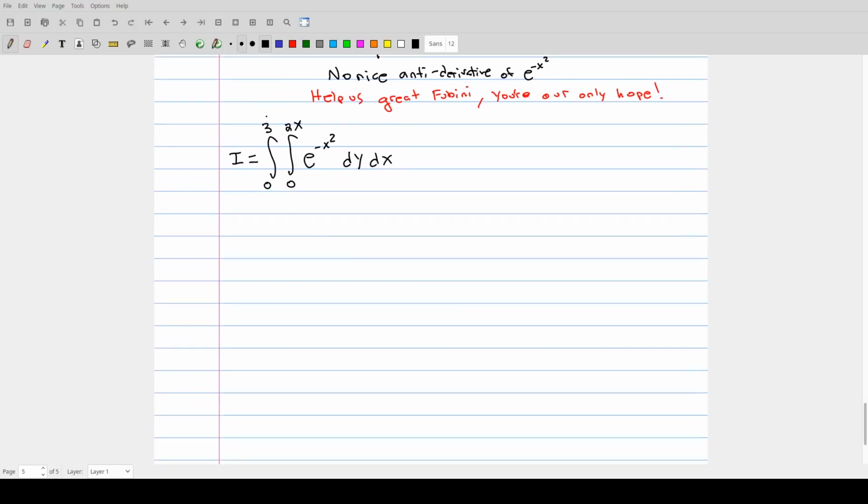And now these are the new correct bounds for our integral in the reverse order. And what we notice is that this is the same thing as 0 to 3. e to the negative x squared is a function of x. So it's not dependent on y, which means it comes out of this integration.